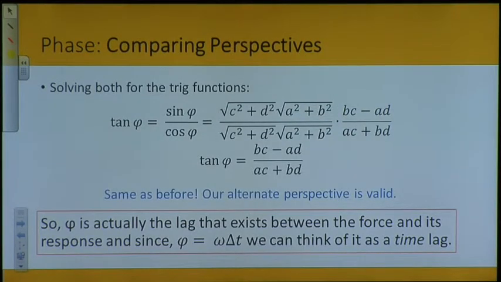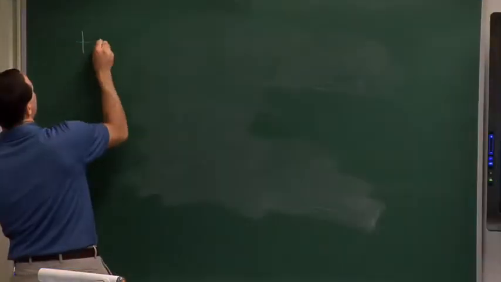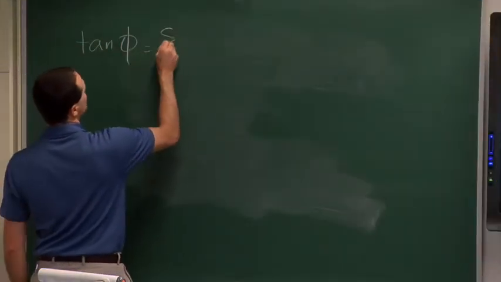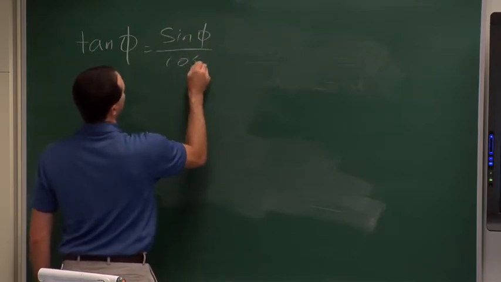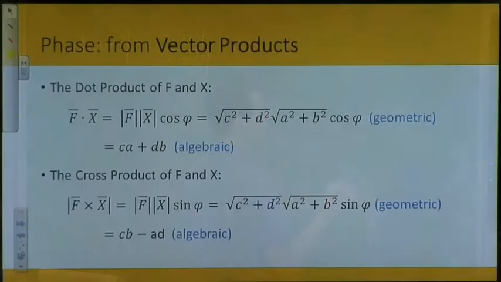And what I want to do is use the tangent function to describe the phase angle. So tangent is defined as sine phi over cosine phi. So if I went back and looked at the equations I developed, I try to find a solution for each of these that isolates the trigonometric function.